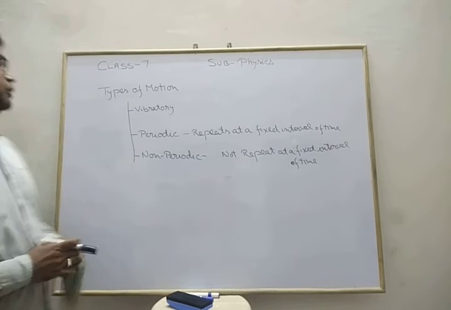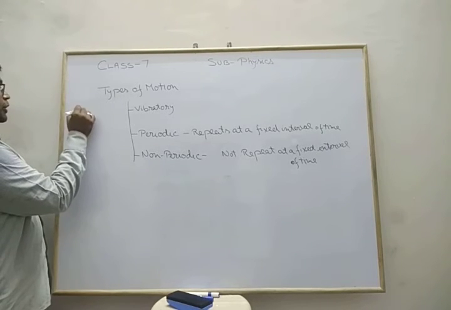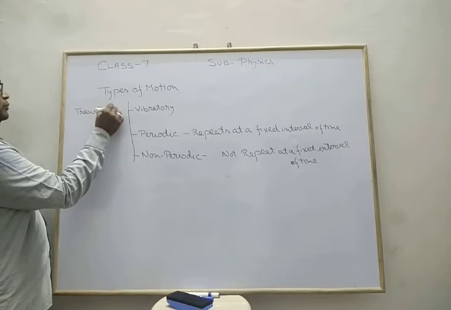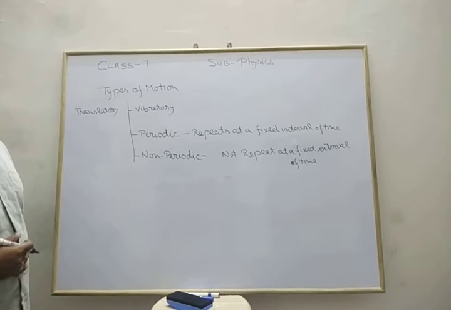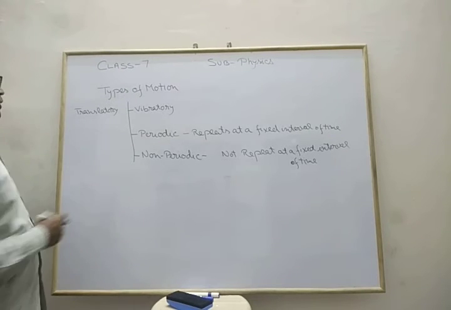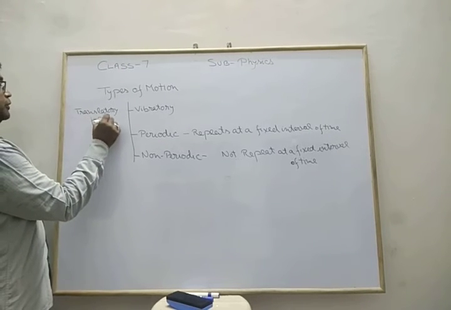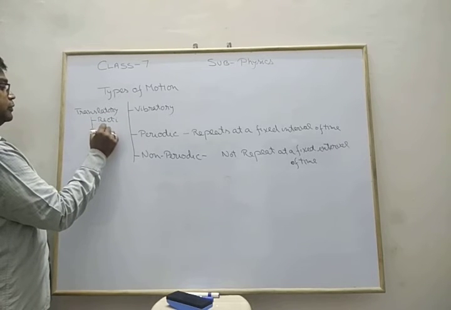Once again, I am revising what we have covered. First is translatory, which means the complete particles of the body move an equal distance. In translatory, we have two types: rectilinear and curvilinear.